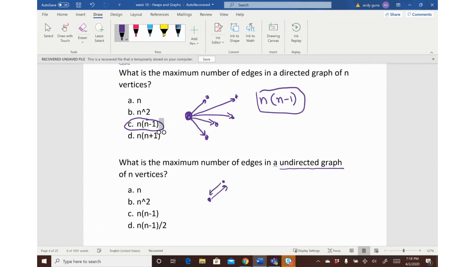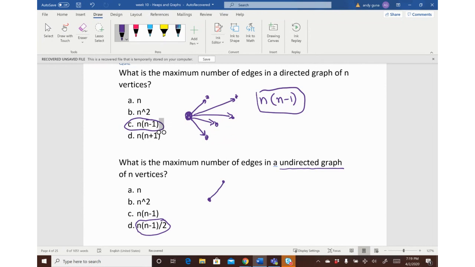I can only count one. In the previous one, I was able to count two. So the answer is exactly half of that. You can only count one between two nodes because it's undirected. There's no arrow between the two.